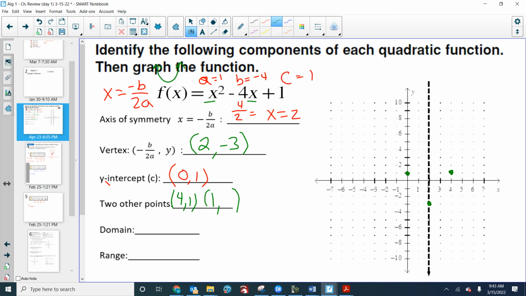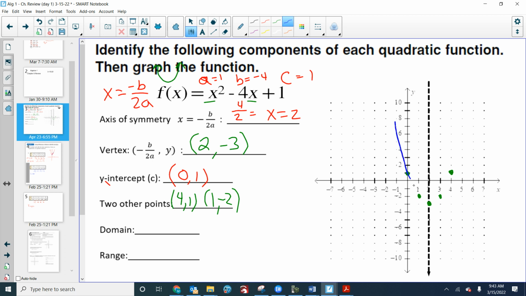Okay. So (1, -2). Now, if it doesn't fit in there, it's got to be above the vertex and below the y-intercept. Now, here's another point right there. Reflect that across there. Do we have our parabola? Yeah, we can draw it.